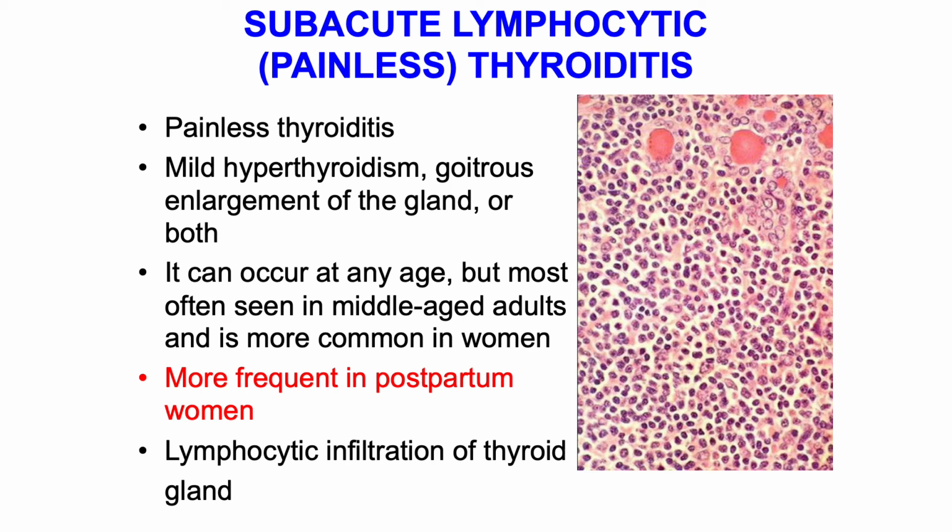It can occur at any age, but it is more commonly seen in middle-aged individuals. And here there is a classical association with the postpartum state. So many times it is known as postpartum thyroiditis as well. So lymphocytic infiltration of the thyroid gland is seen over here also, but you will not see Hürthle cells and fibrotic change as we saw in Hashimoto's thyroiditis.